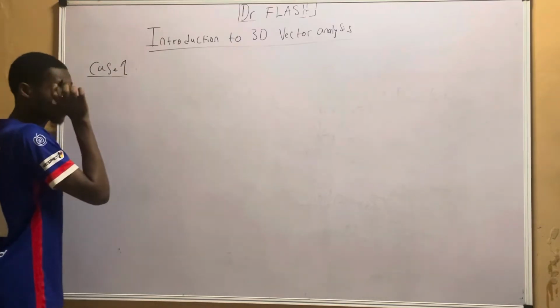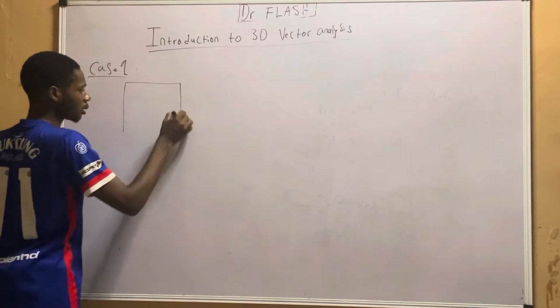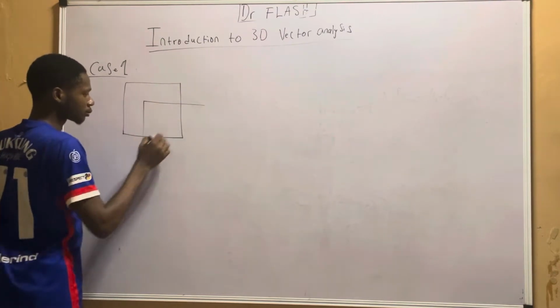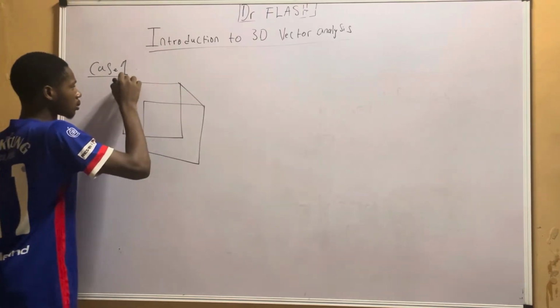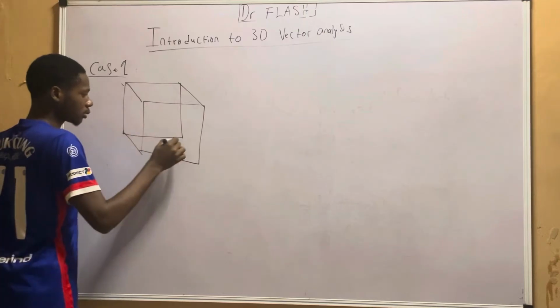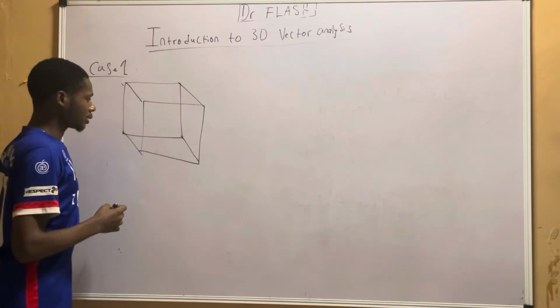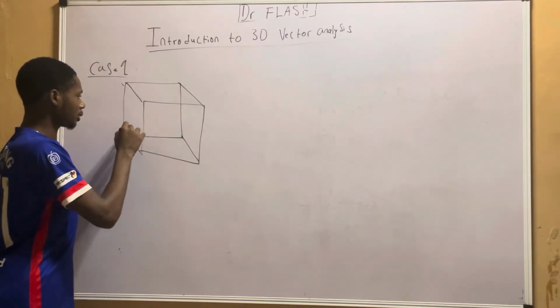Okay, now for case 1, let's say we're having a cube of this form, and then we're having a vector. Let's say the vector is like this.